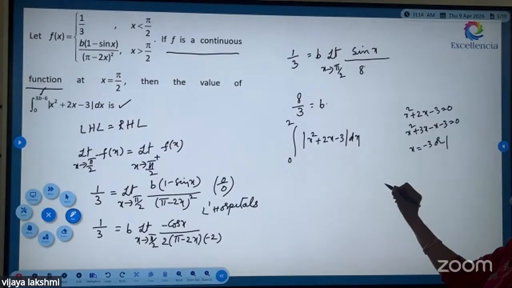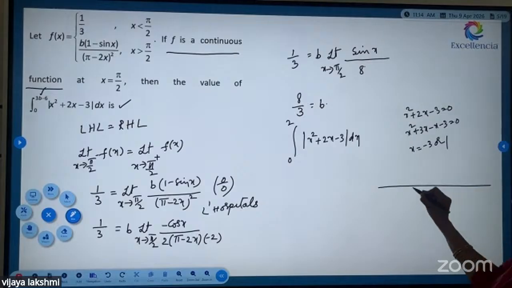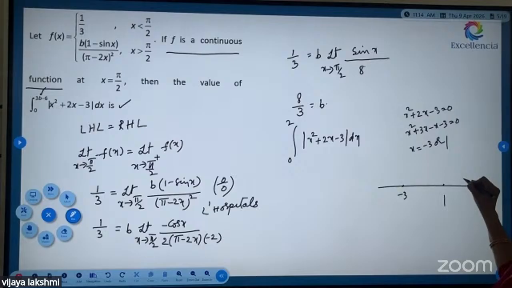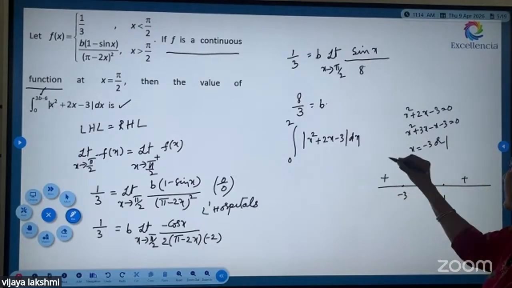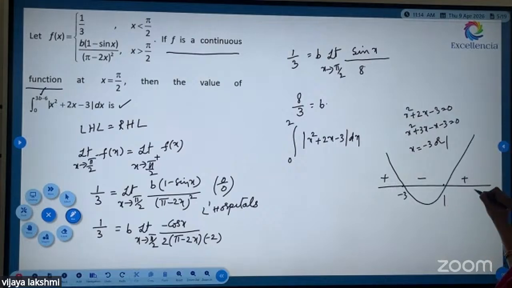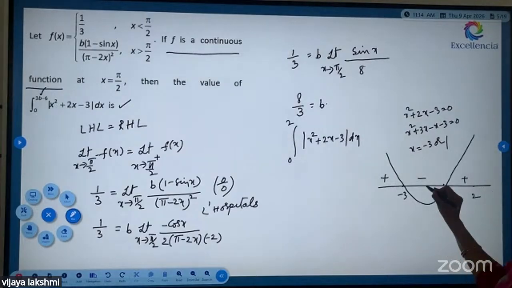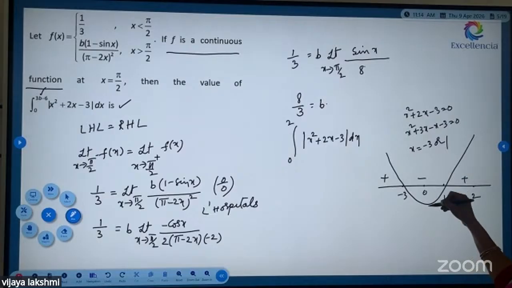To find positive or negative, we consider minus 3 and 1 and apply the wavy curve. From 0 to 1 it is negative, below the x-axis, and from 1 to 2 it is above the x-axis.